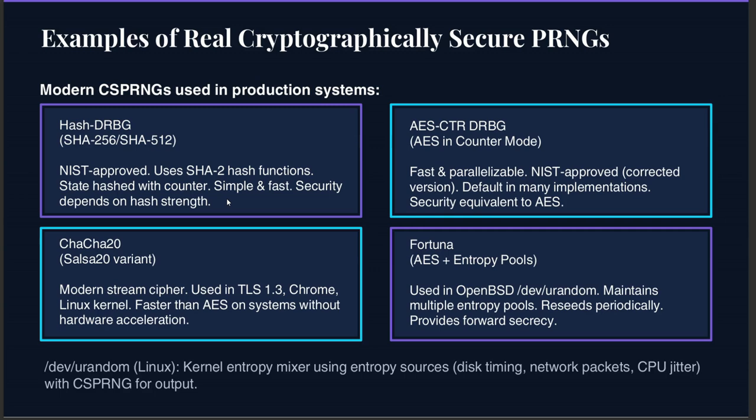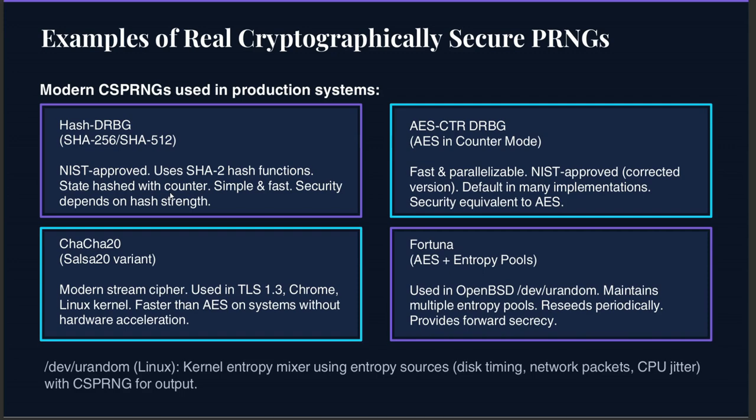The first one is Hash-DRBG. This generator is standardized by NIST. It uses cryptographic hash functions such as SHA-256 and SHA-512. Now remember an important property of cryptographic hash functions. They are one-way functions, meaning given the output, recovering the input is computationally infeasible.